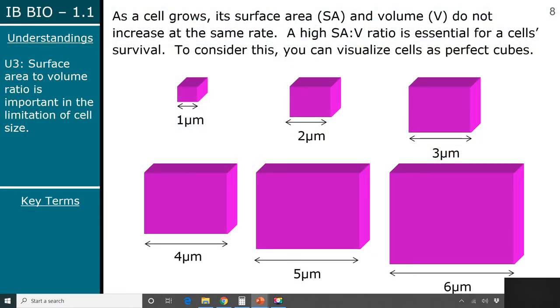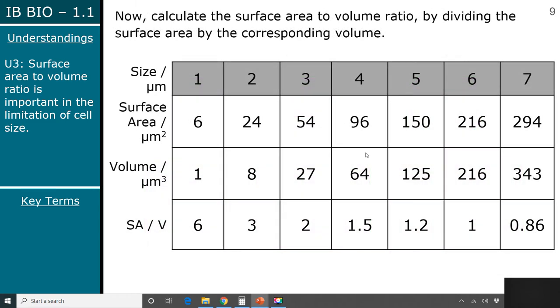So this is just a visual graphic of that. If I have a cell, and let's pretend that these are cubes, and let's say that one side of it is 1 micrometer on each side, you can see that the volume is increasing pretty drastically with even just an additional micrometer added to each side. I'm not going to make you do the math on this right now because you get to do this on your homework.